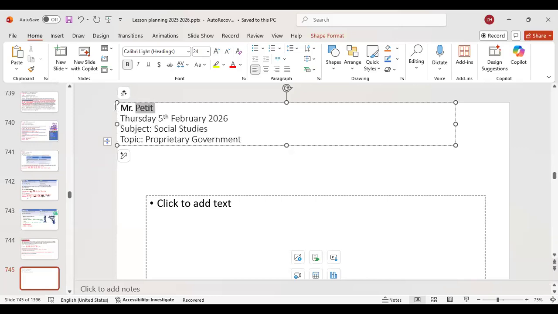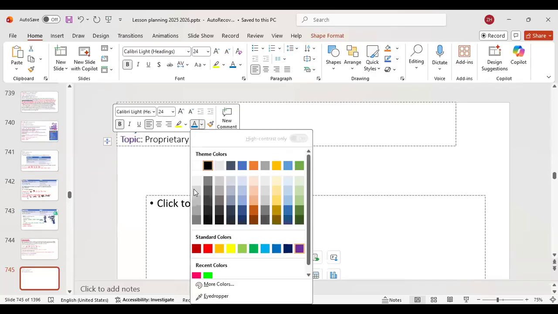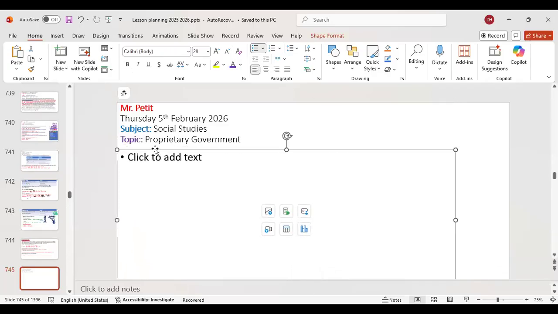So let's go ahead and talk about it, right? Let's talk about the problems that the Bahamas faced before proprietary government.